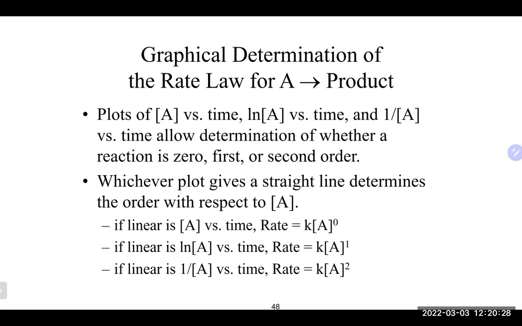So if you ran an experiment and you were not sure what the overall order was, you could take the information from the experiment and graph the concentration versus time, natural log versus time, 1 over the concentration versus time, and whichever one is the most linear, when you look at the R-squared value, the one closest to 1 would tell you the actual order of the reaction based on that information. Any questions on any of that?